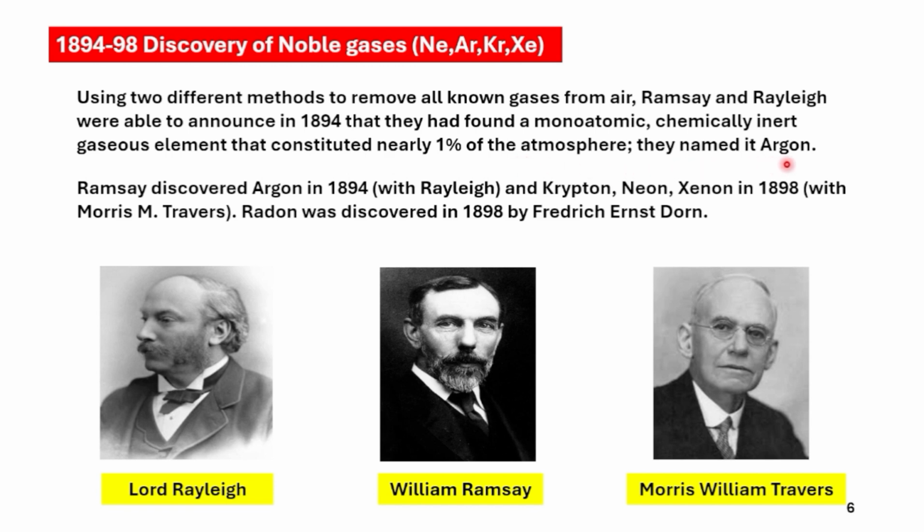They named it argon. So Ramsay discovered argon in 1894 with Rayleigh, and after that he discovered krypton, neon, xenon in 1898 with Morris and Travers. And another noble gas element, radon, was discovered in 1898 by Frederick Ernst Dorn.